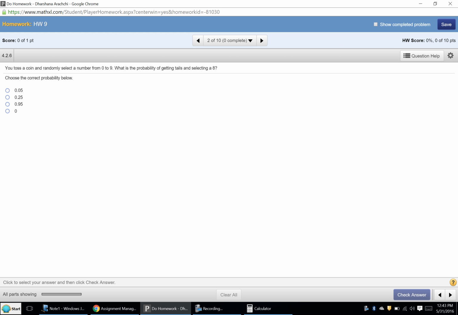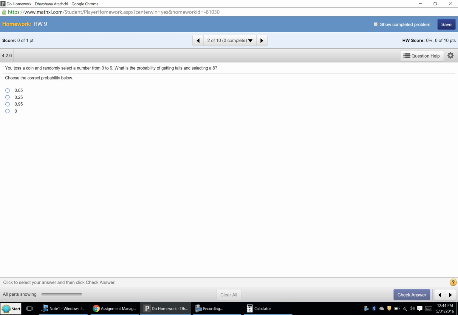Okay, so let's have a look at this example. It says you toss a coin and randomly select a number from 0 to 9. What is the probability of getting tails and selecting an 8?